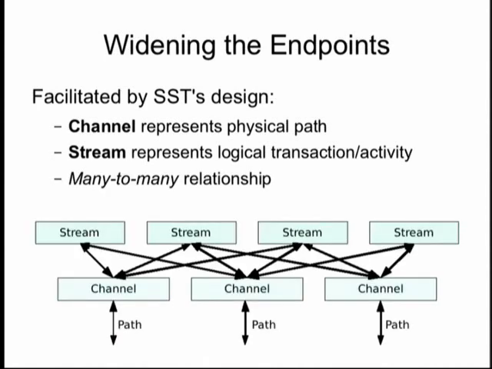The current implementation doesn't really ever associate streams with multiple channels at once, but it's already designed so that it can in the future. That's the intent: you can associate a stream with multiple channels, and a channel with multiple streams, and do things like that.